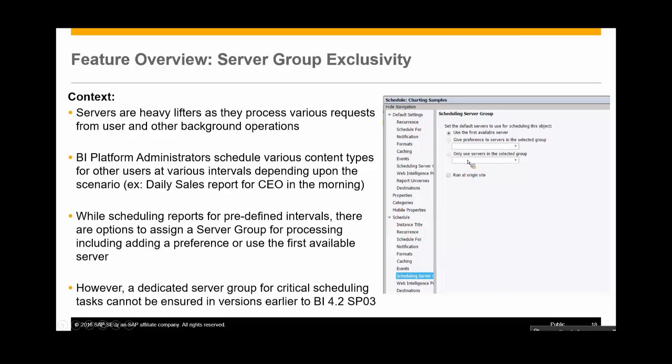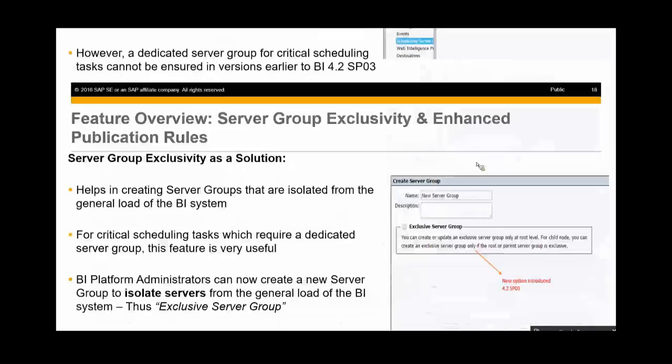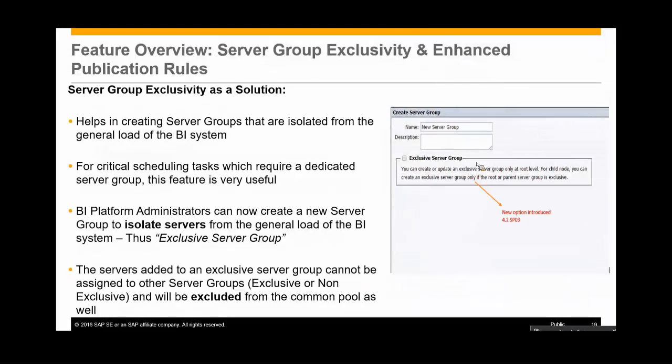So your exclusive server group would come here, and you can give the scheduling request only to servers in that selected group, just to make sure that your request is handled on priority and the document reaches the required users.